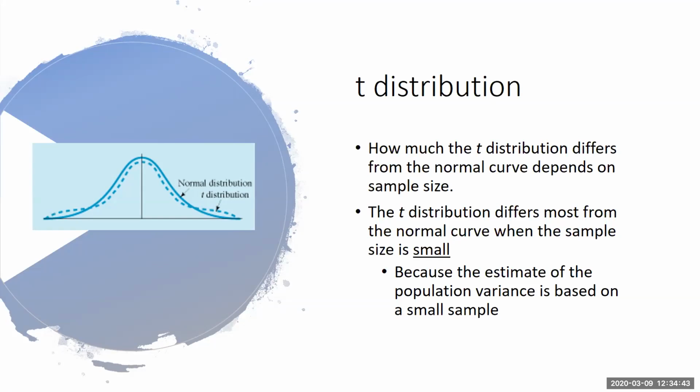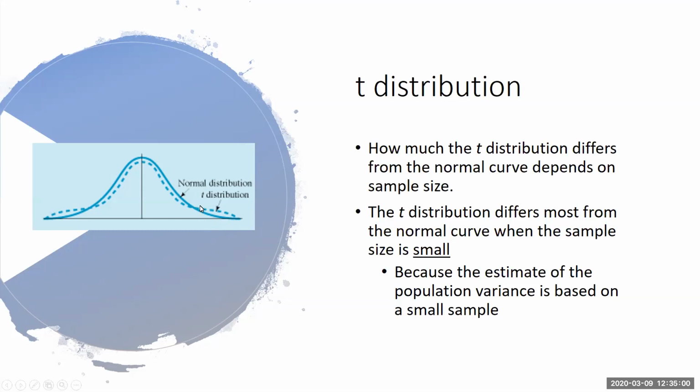So what I would like you to take away from this slide is that the T distribution for small sample sizes is smushed down, so it's not as tall, and it's pushed out into the tails. And if it's pushed out into the tails, let's look at this picture here.